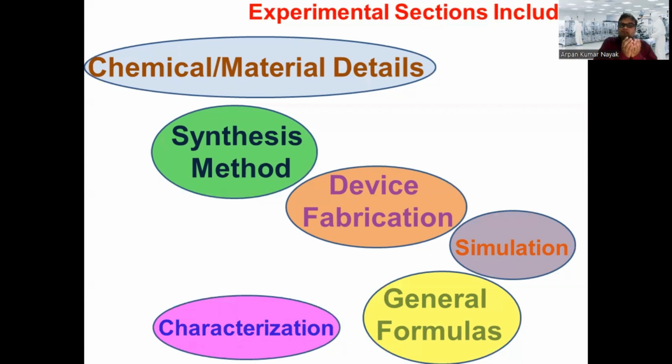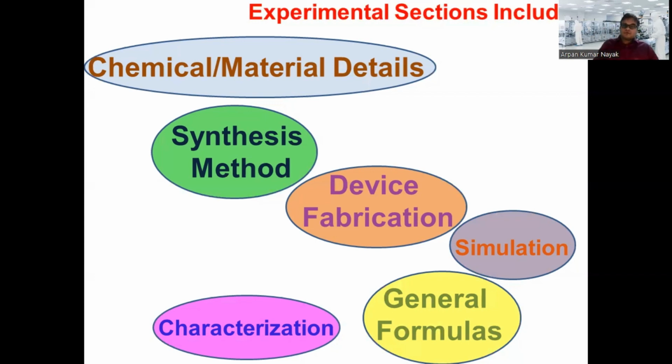Whatever material you prepared, to know the information about that, what are the instruments you used? That should be discussed in detail. Where you purchased that instrument, how you purchased it, what the model is, every detail you have to write in this characterization section.